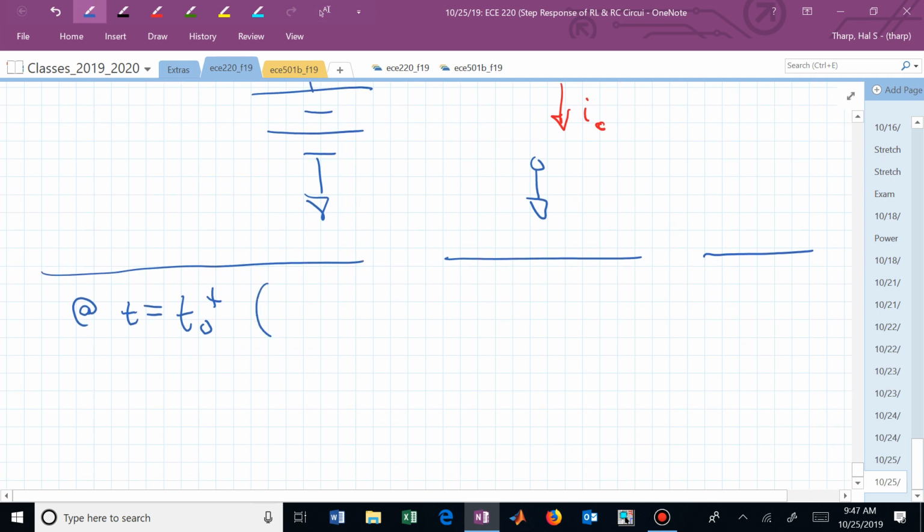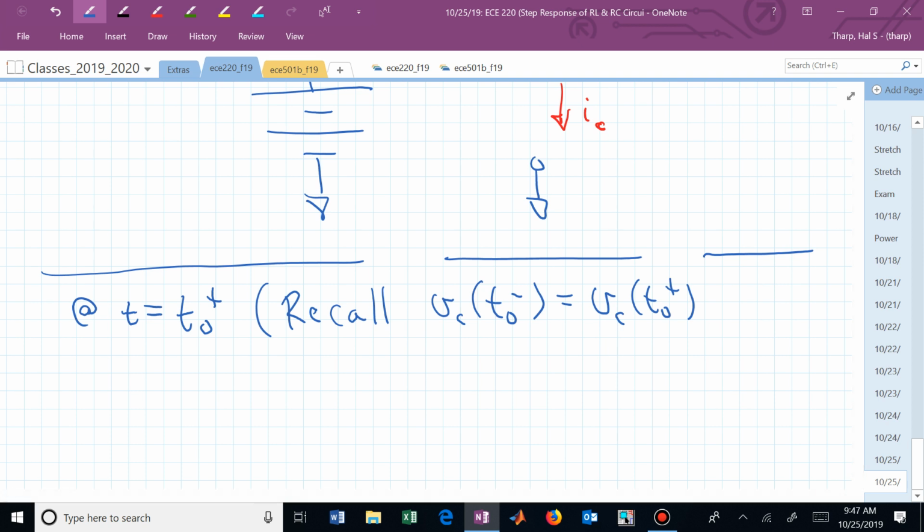Let's just refresh what I just said. Recall, V sub c of t sub 0 minus is V sub c of t sub 0 plus, because voltage on a capacitor cannot change instantaneously because of dV dt. This was 5.